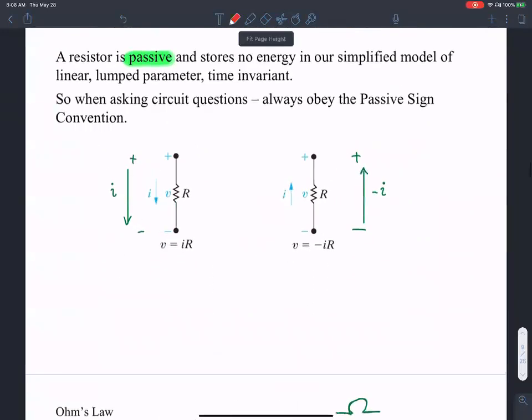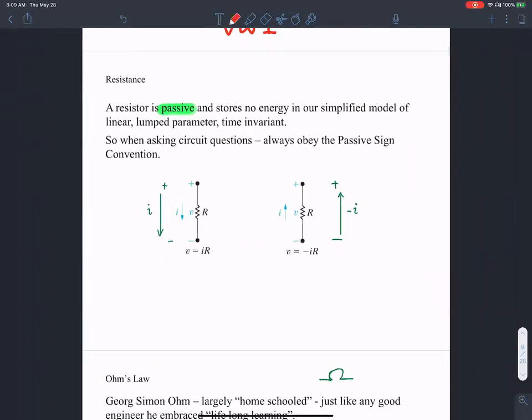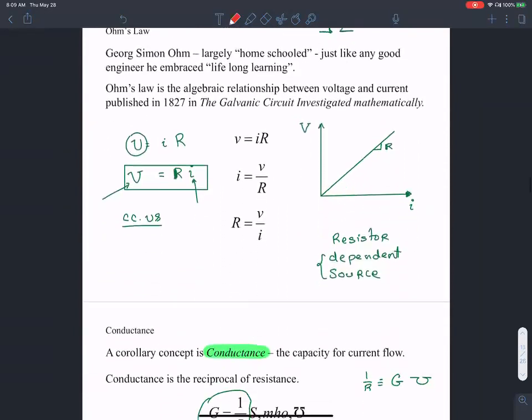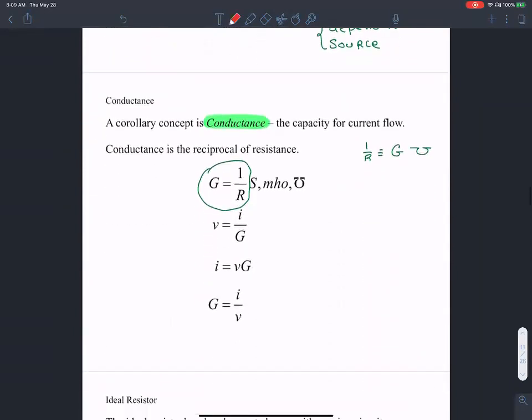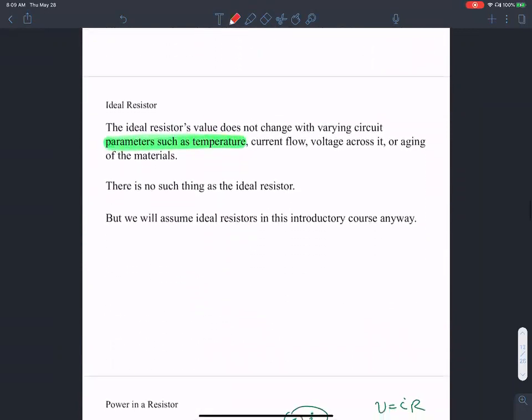Then we talked about positive and negative current direction in a resistance. I gave you the expression V is IR, and the reciprocal of R is G. That's something we discussed in the last class.